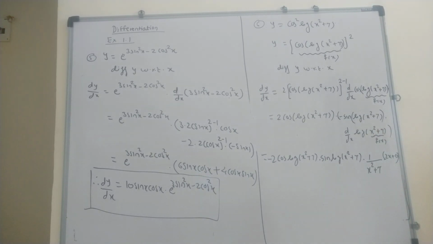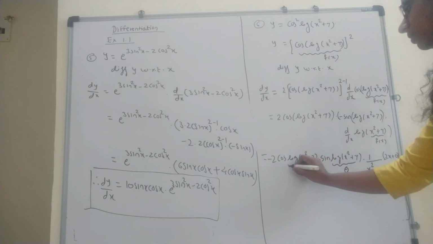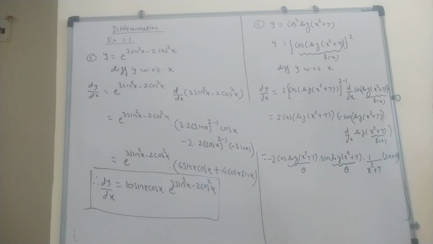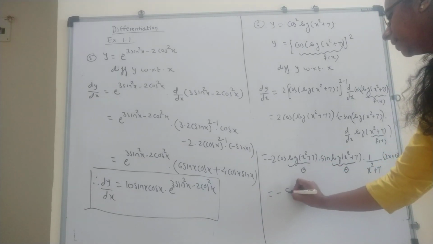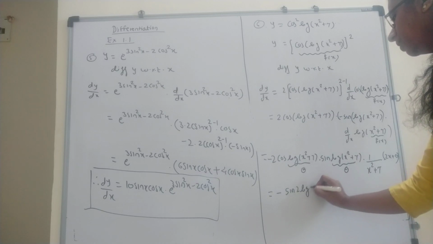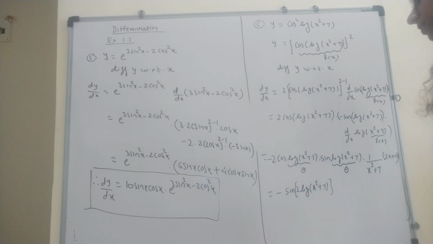Now see here, if I consider this whole term as theta, this is like 2 sin theta cos theta, with the minus sign as it is. 2 sin theta cos theta is sine of 2 theta, where theta is log of x square plus 7.